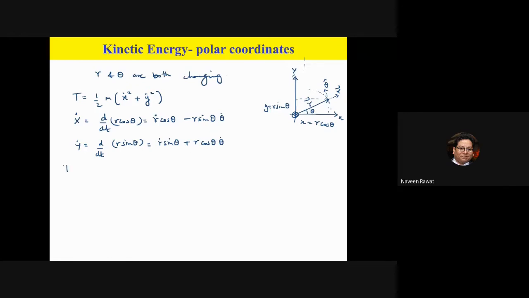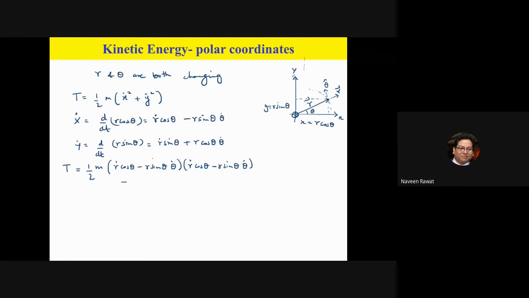So now when I take the value of T and I'm taking 1 half m, my first expression will be x dot square. So I have to take a square of this. Let me write that down first so that it is easier for us to take the square value. So I have r dot cosine theta minus r sine theta theta dot. Again, this looks tedious, but you will realize in the end how you get a very simplified expression.